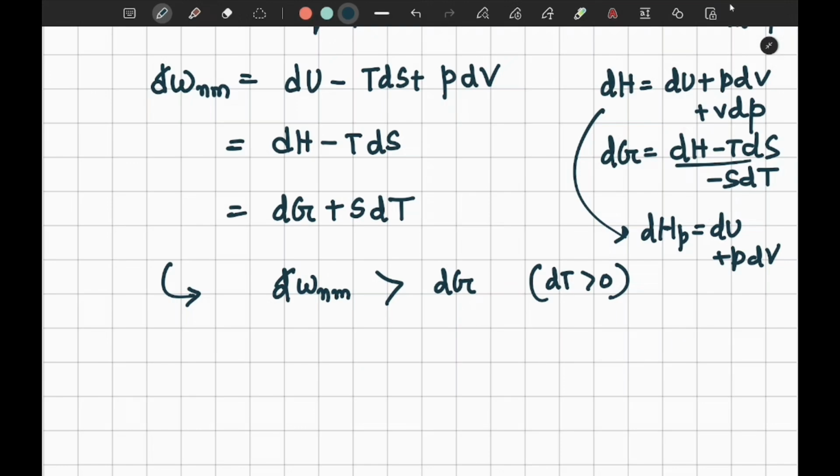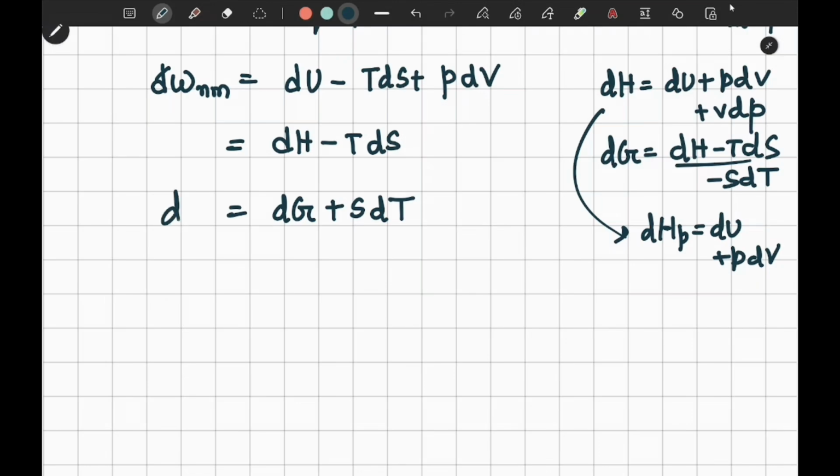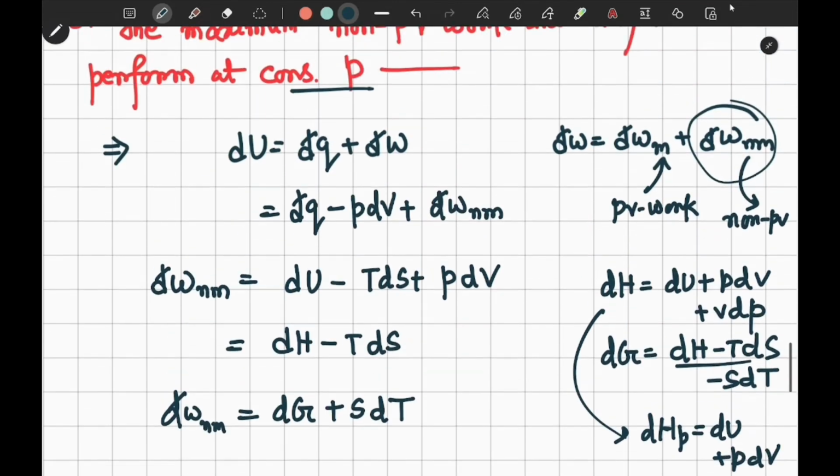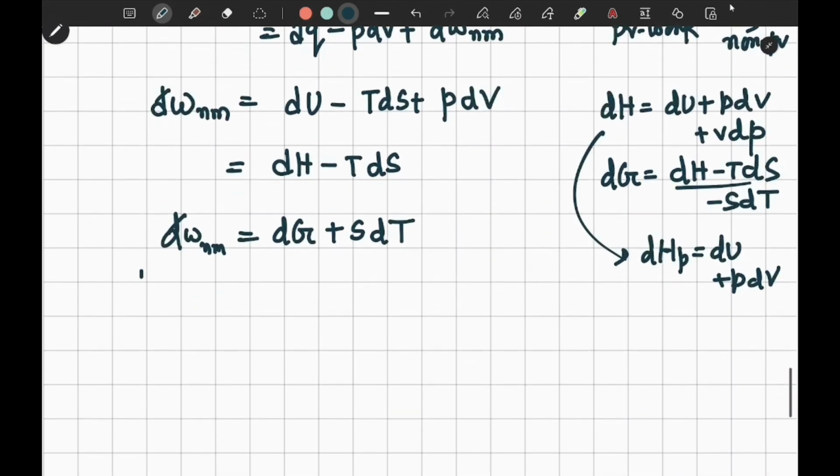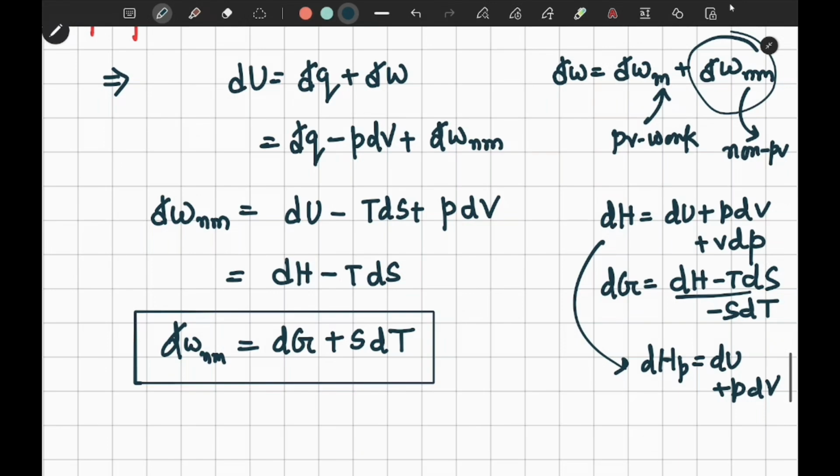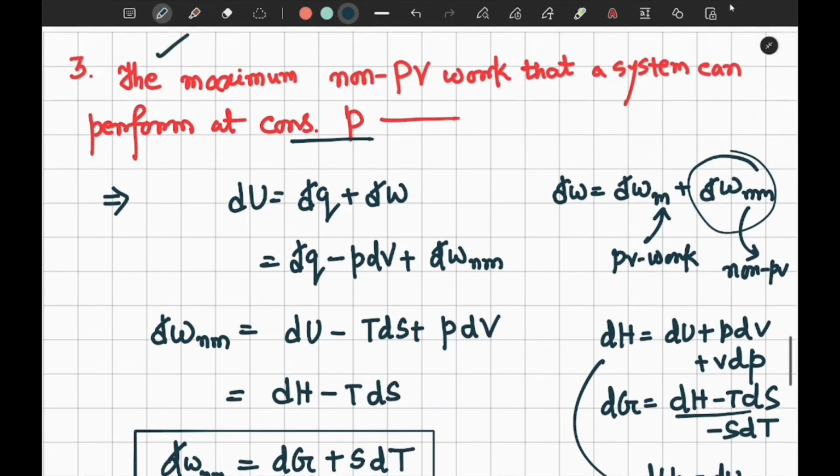So that's why you can relate it with the change in Gibbs energy, dG. So it's a tricky question. This is the actual form. In general, this is the highest non-mechanical work you can get, without ignoring any term. Only we have applied that constant pressure restriction, because that is already mentioned in the question. Okay.